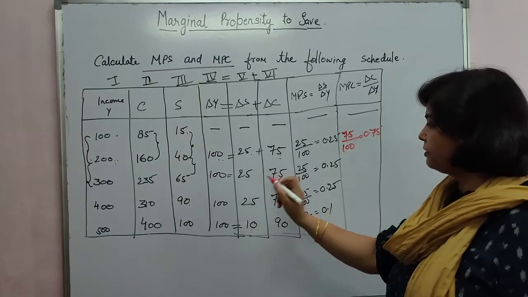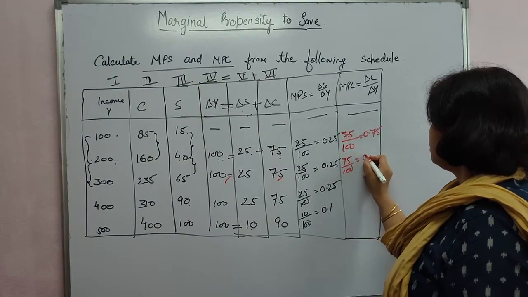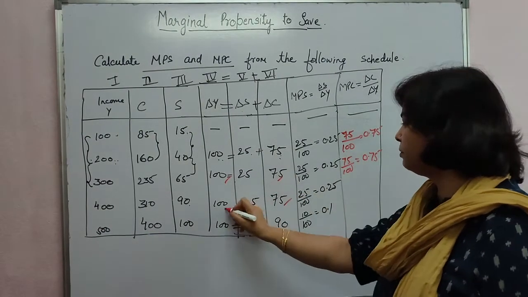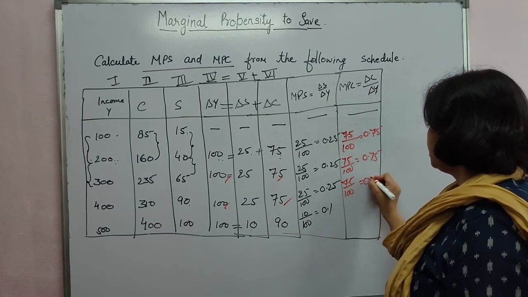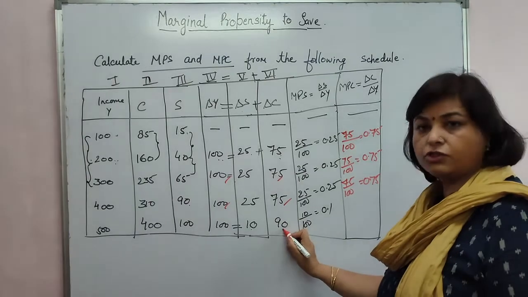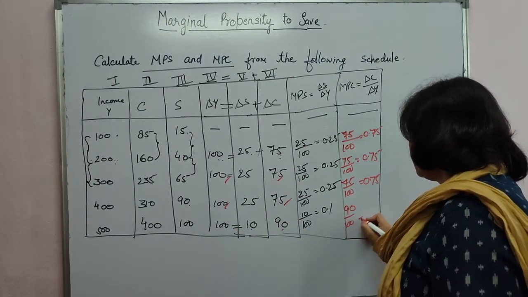Here also 75 divided by 100 is equal to 0.75, same here also. And in the last row, 90 divided by 100 is equal to 0.9.